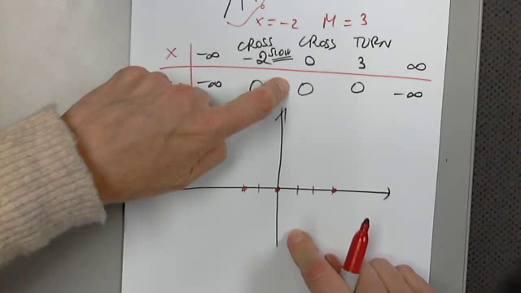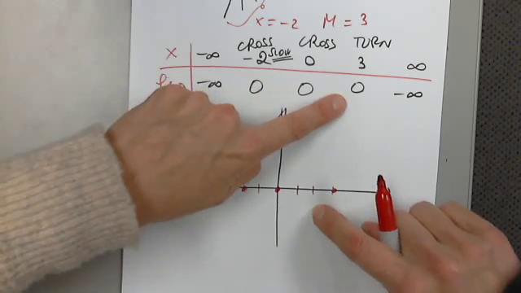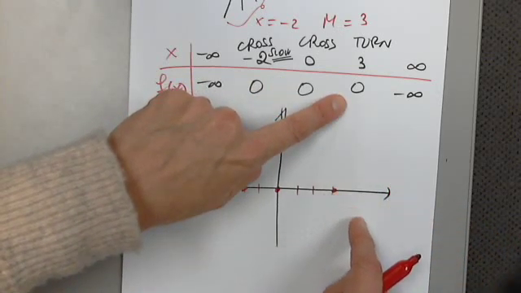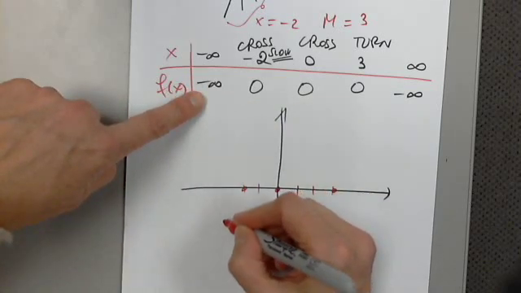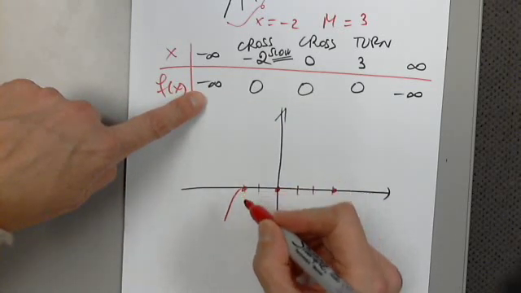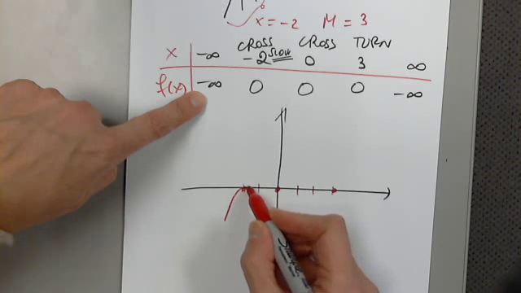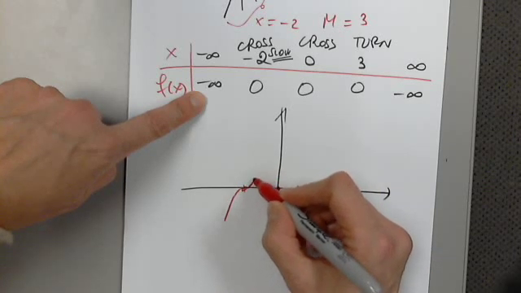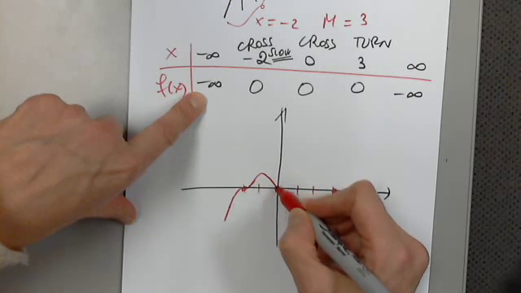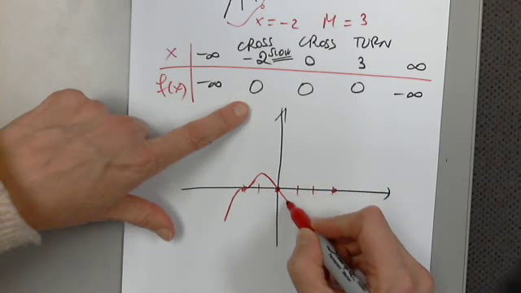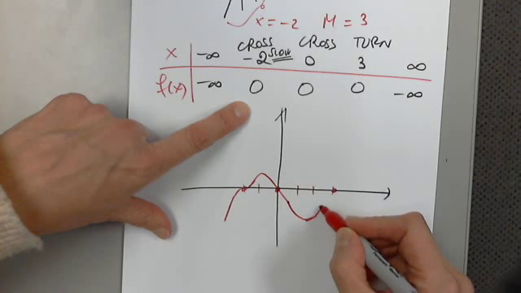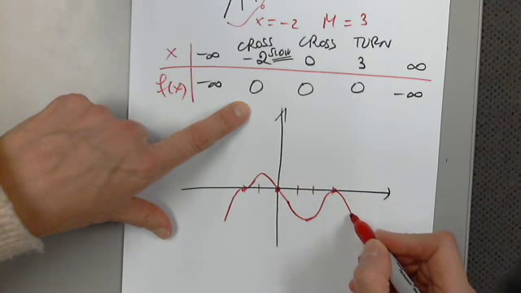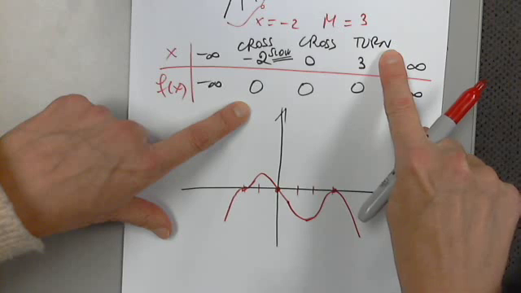It has to come to a turn because it will come back and turn at 3, 0. One more time. From negative infinity, it crosses but slowly. It comes to a maximum and then crosses quickly. Comes to a minimum because it has to turn here because it comes back and turns again.